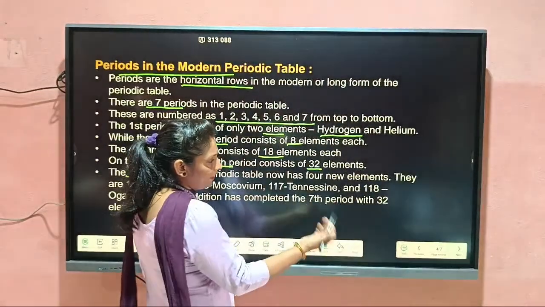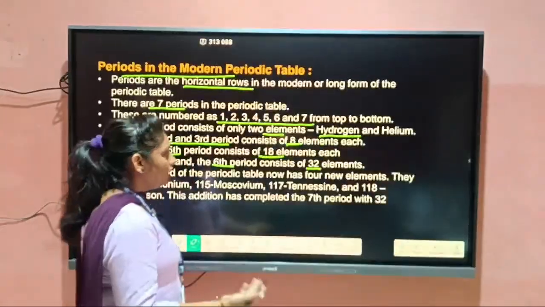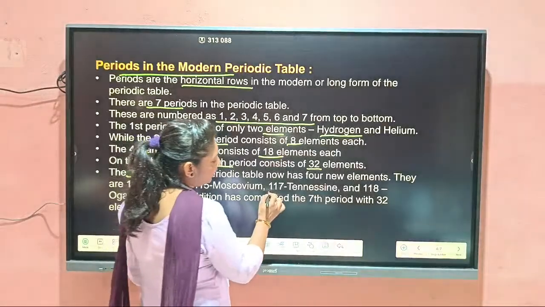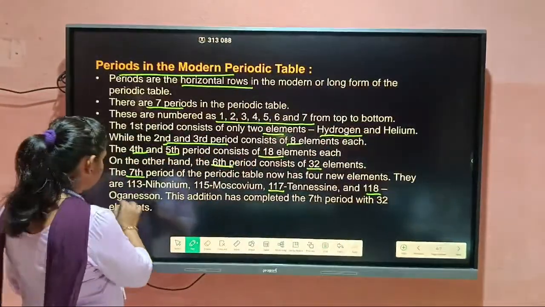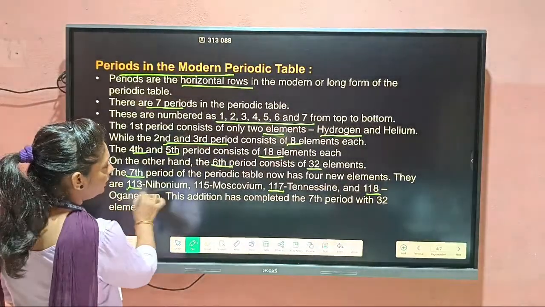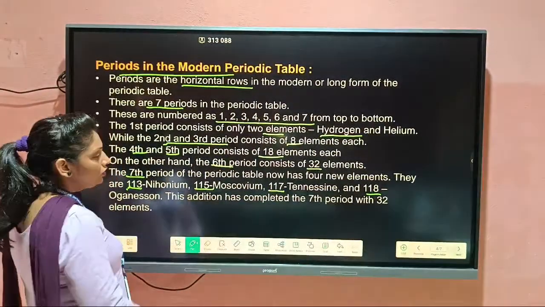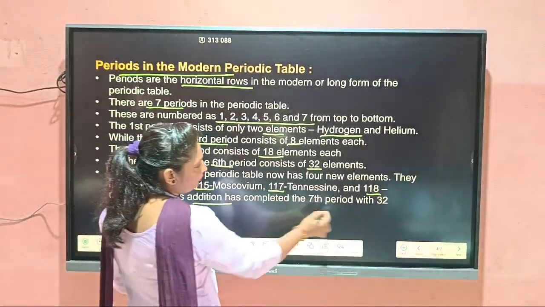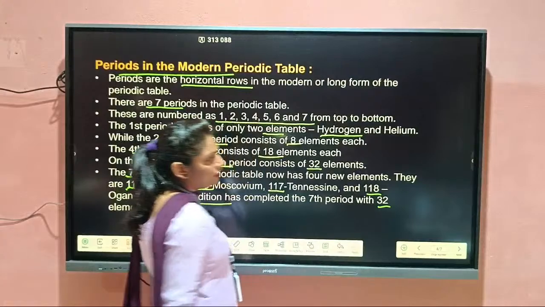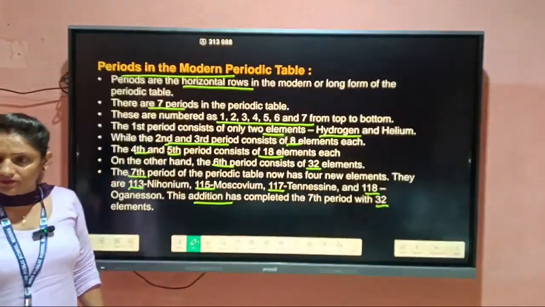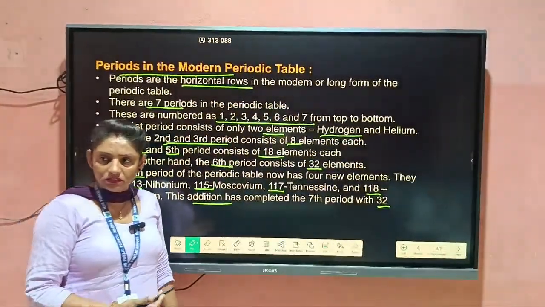Here 4 elements were newly discovered, 113, 115, 117 and 118. These additions have completed the period with 32 elements. Any doubt in this? Yes.